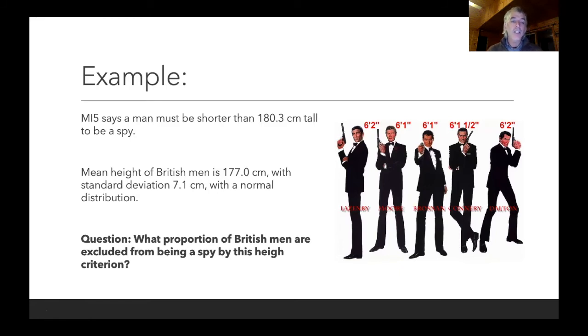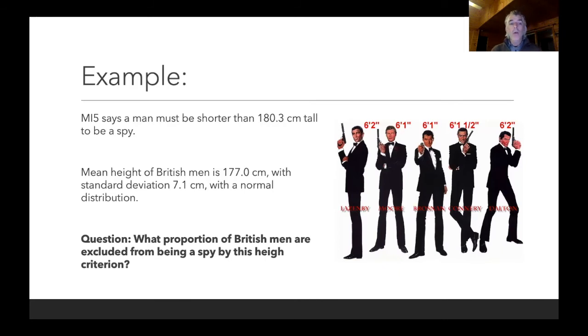Let's say the British spy agency MI5 determines that men that are too tall are more noticeable and don't make for good spies. As a result, they might implement a rule that says that a man must be shorter than 180.3 centimeters in order to qualify as a spy.